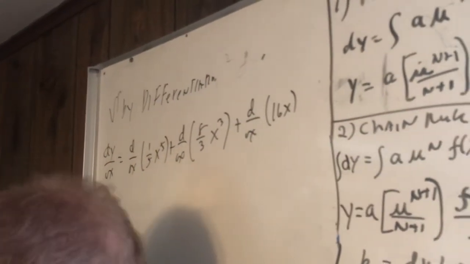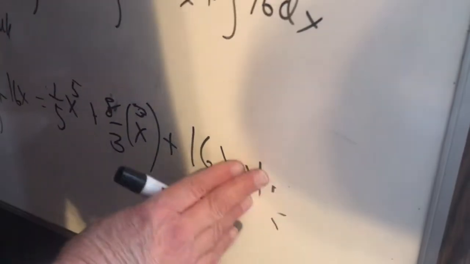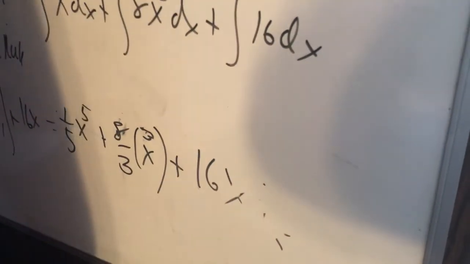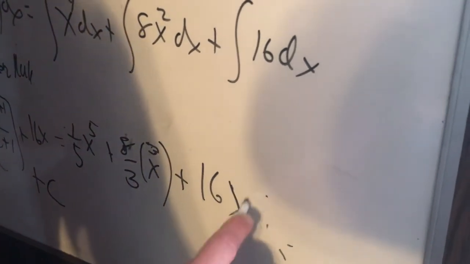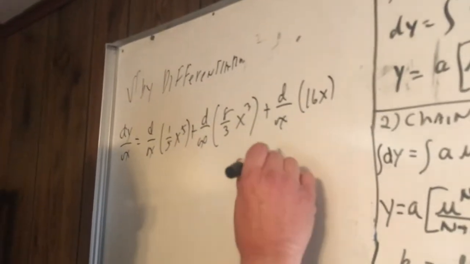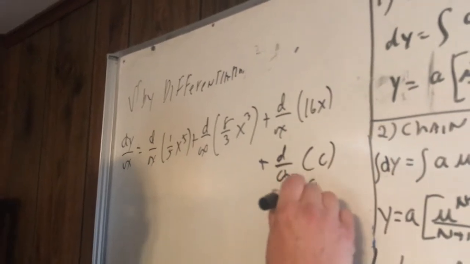Don't forget, there's a constant here. Forgot to add the constant here. Plus c. Plus the derivative of the constant, which is 0.